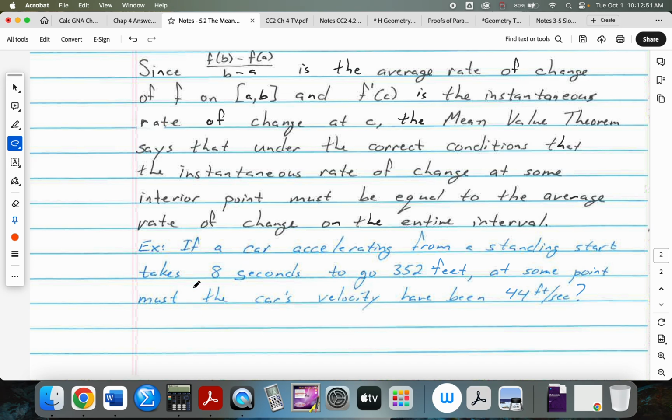Well, the average rate of change in the position, which is the same thing as saying the average velocity, is going to be equal to, well, it went 352 feet in 8 seconds, which is 44 feet per second.